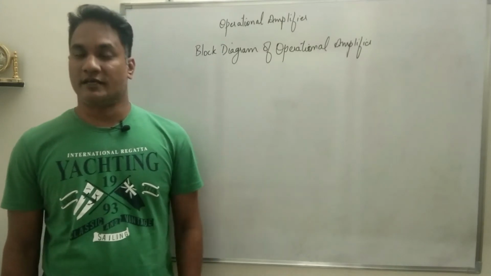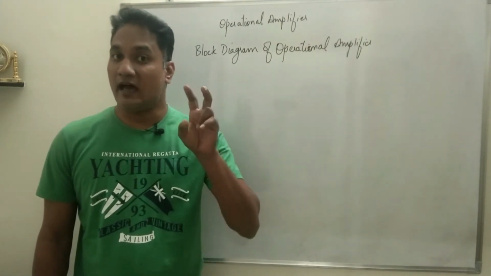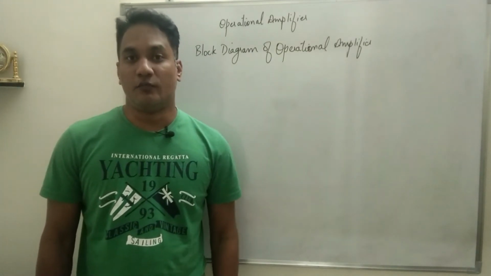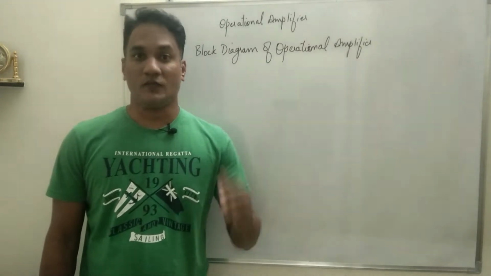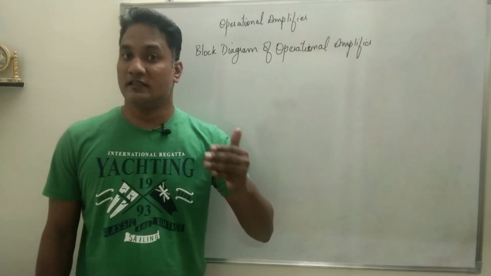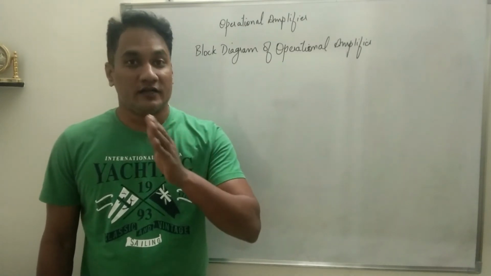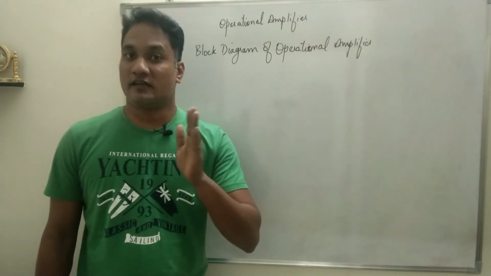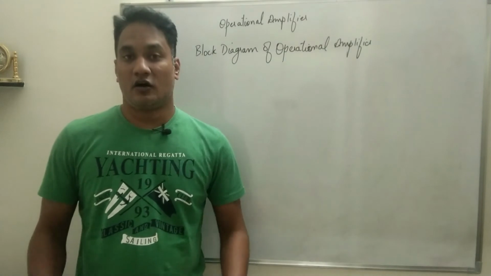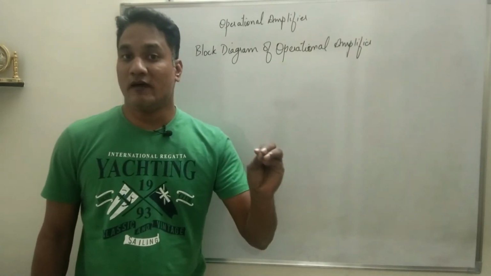One more thing we understood is that it amplifies the difference between the 2 input signals. It rejects the common signal, which mostly arises from noise, so it reduces the disturbance caused by the ambient environment to a negligible value, to 0.